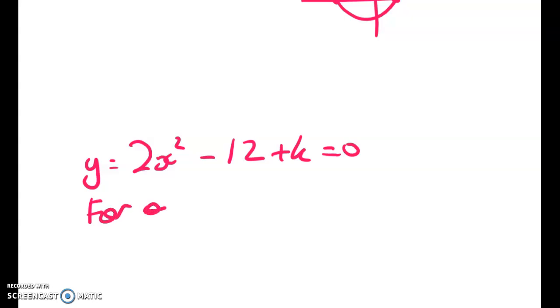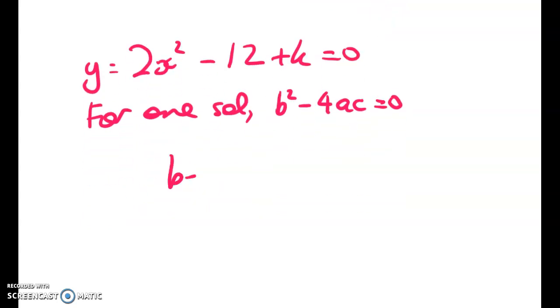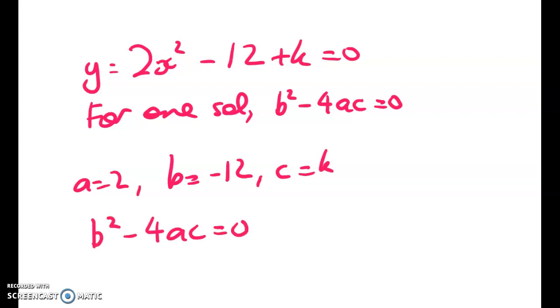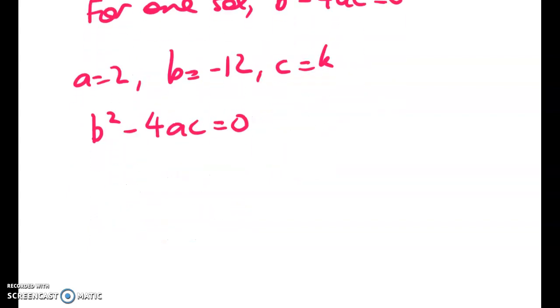So for one solution, we have to have the discriminant equal to 0. And a is 2, b is -12, and c in this case will be k. So we need to solve b squared minus 4ac is equal to 0. So pretty sure this will be merit.